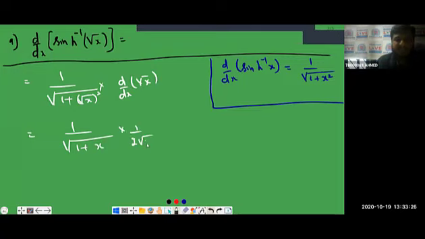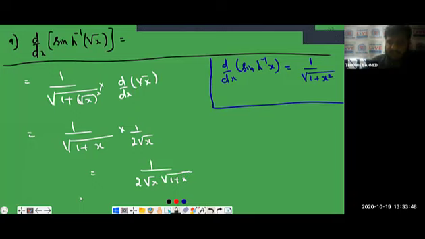This is the answer. Very simple. It can also be written as 1 by 2 root x into root of 1 plus x. I hope this is clear for all of you.